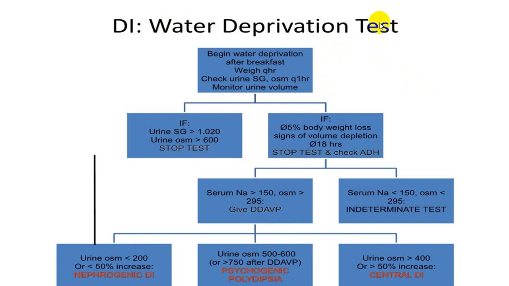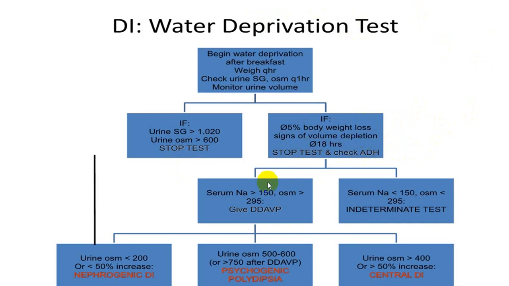If you deprive a person of water, and urine specific gravity starts increasing and urine osmolality becomes more than 600, stop the test. If body weight is lost still, or signs of volume depletion are present, also stop the test and check for ADH hormone.